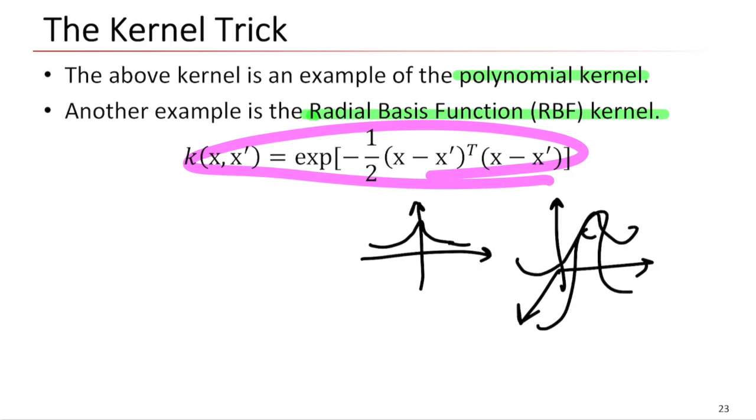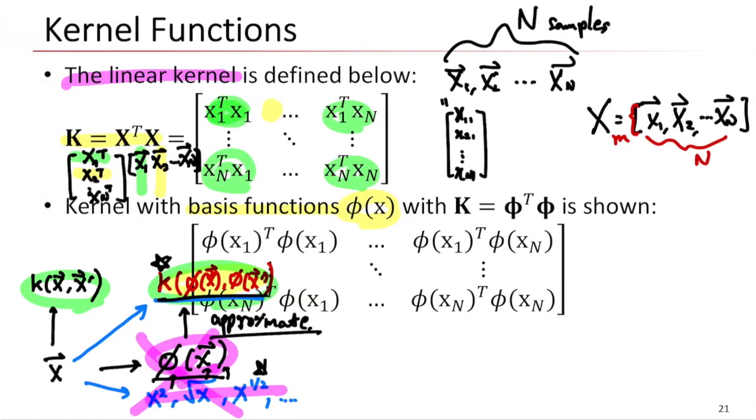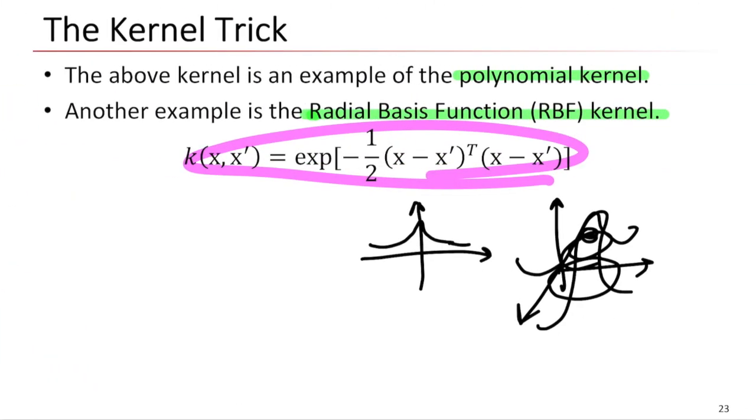So rather than using just a linear kernel, by using the RBF kernel or Gaussian kernel, we can consider nonlinear shapes, right?